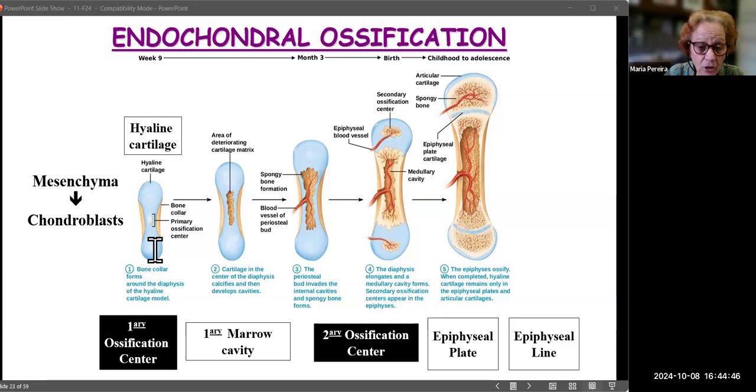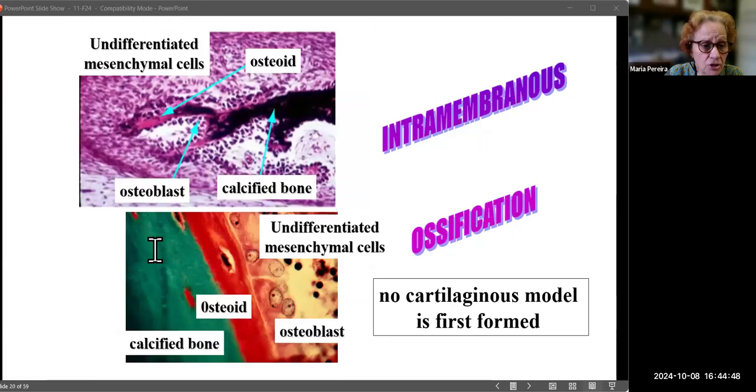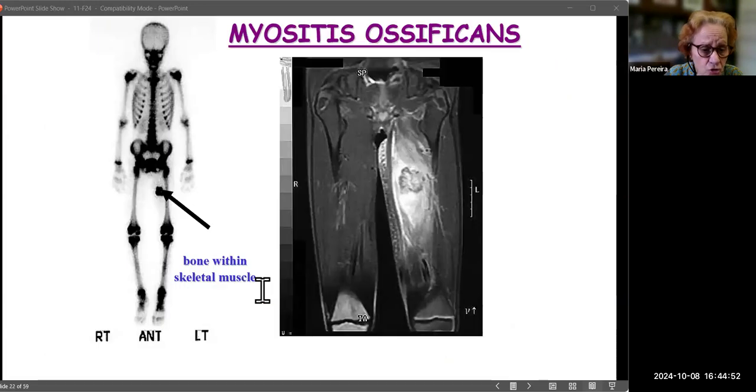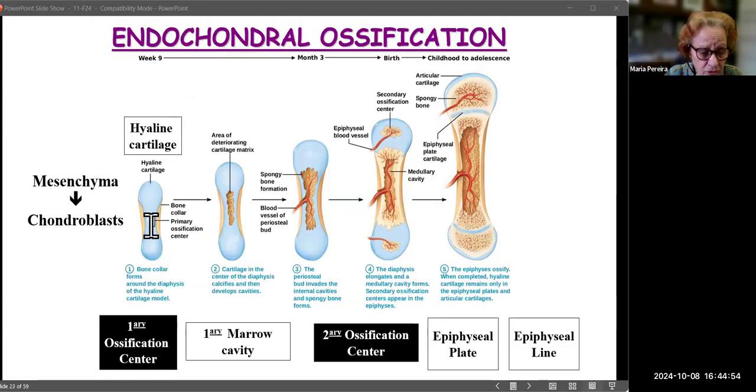Then you have the ossification centers. Just like in intramembranous ossification, you start with an ossification center in the middle of this mold, of this frame. So you have osteoblasts being formed.